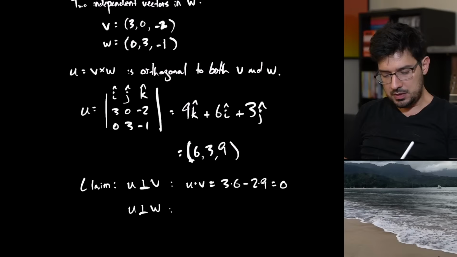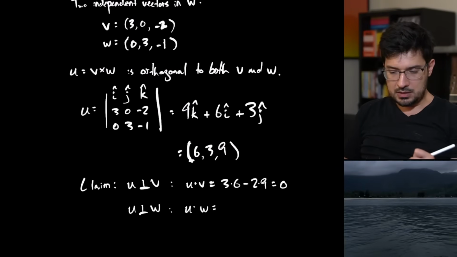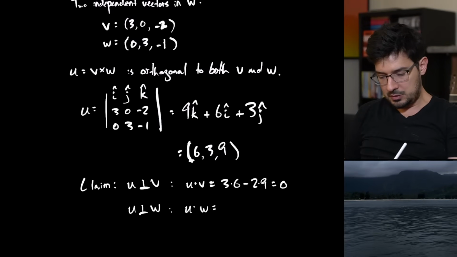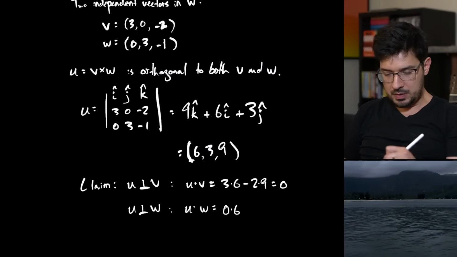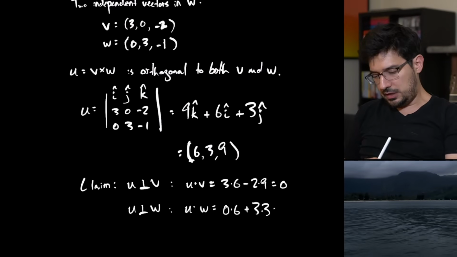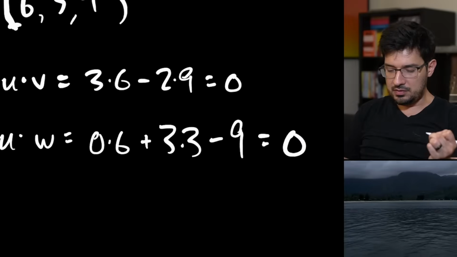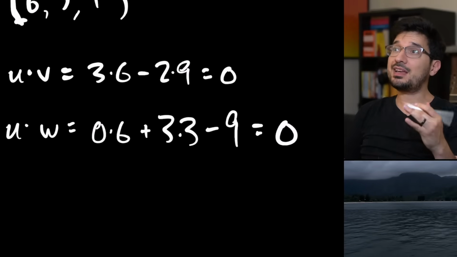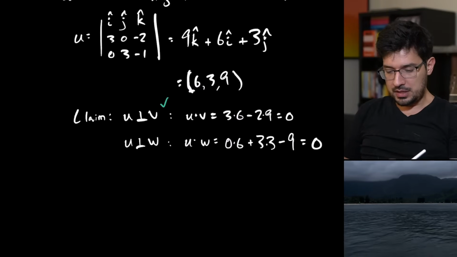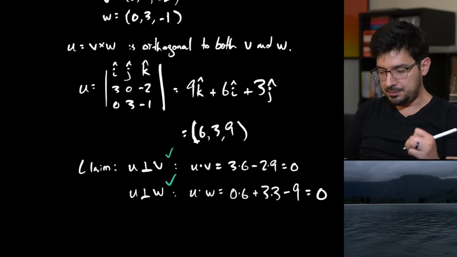That one worked. Now U dot W is 6 times 0, plus 3 times 3, minus 1 times 9, and yes, that is also 0. Heck yeah. So both of those worked, and the cross product works as we expected.